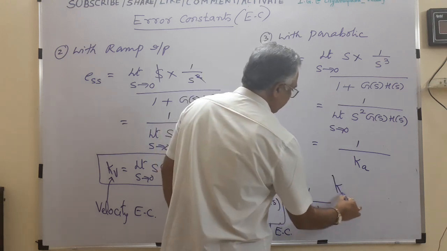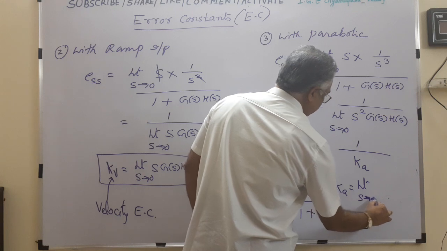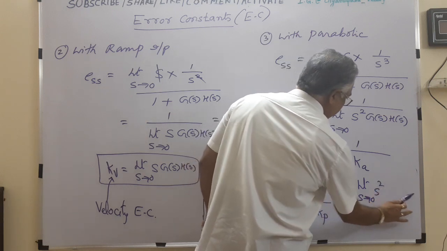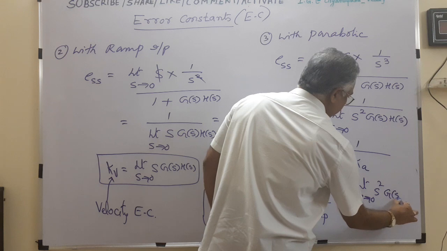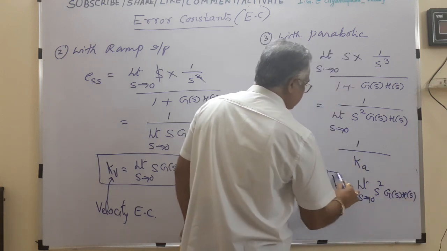So what is the Ka formula? Ka equals limit s tends to 0, s square g of s h of s. This is the Ka formula.